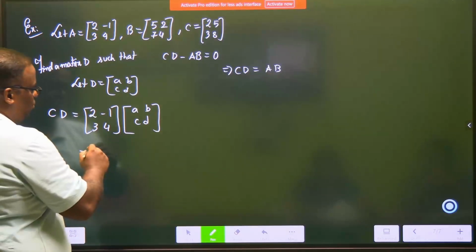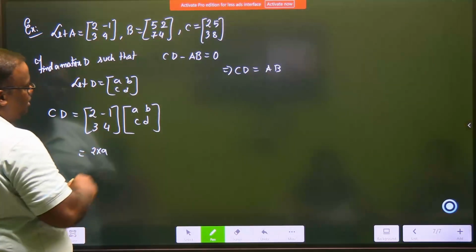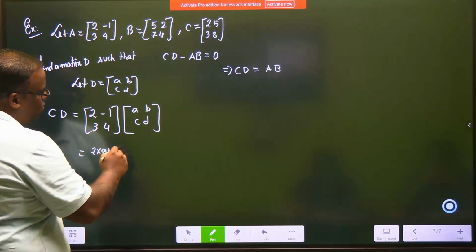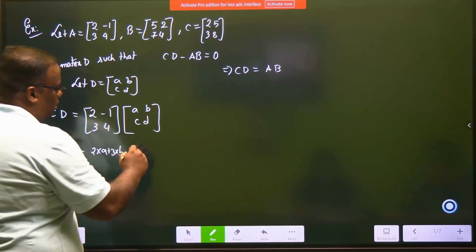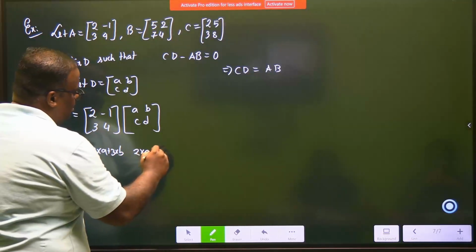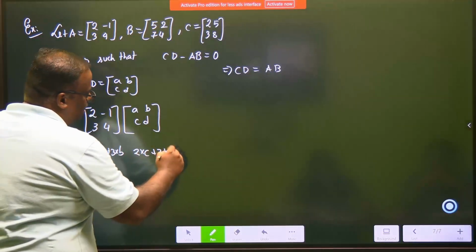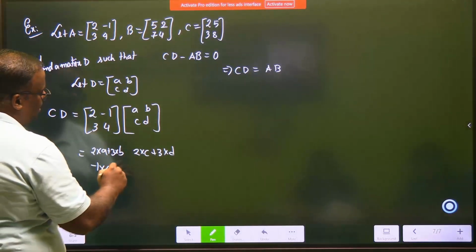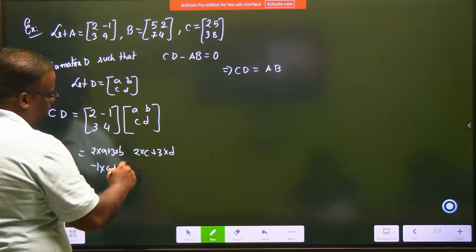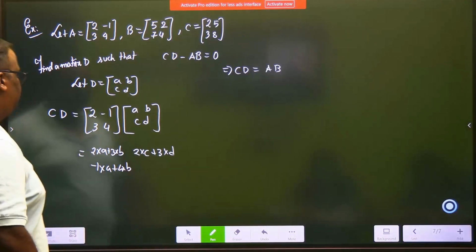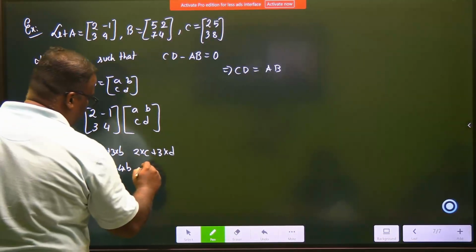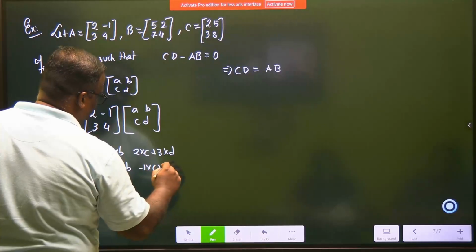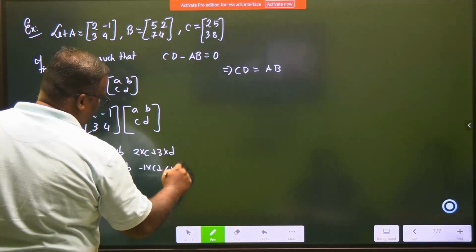So column into row, 2 into A, right? Plus 3 into B. Fine. 2 into C plus 3 into D. Then minus 1 into A plus 4 into B. Then minus 1 into C plus 4 into D.